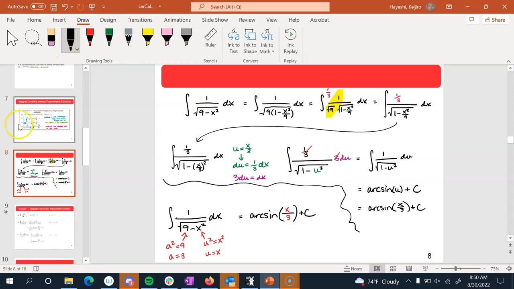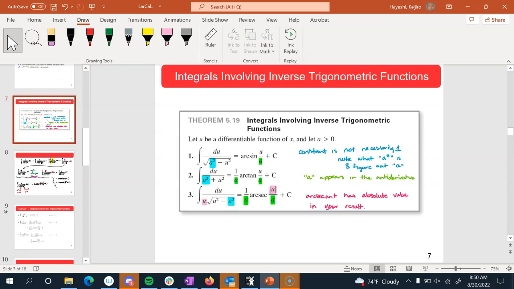Whereas if you simply remember these, it's just identifying, okay, what's u, what's a, do I have the appropriate du, and then simply saying it's arcsine of u over a, or 1 over a arctangent of u over a, and so on.